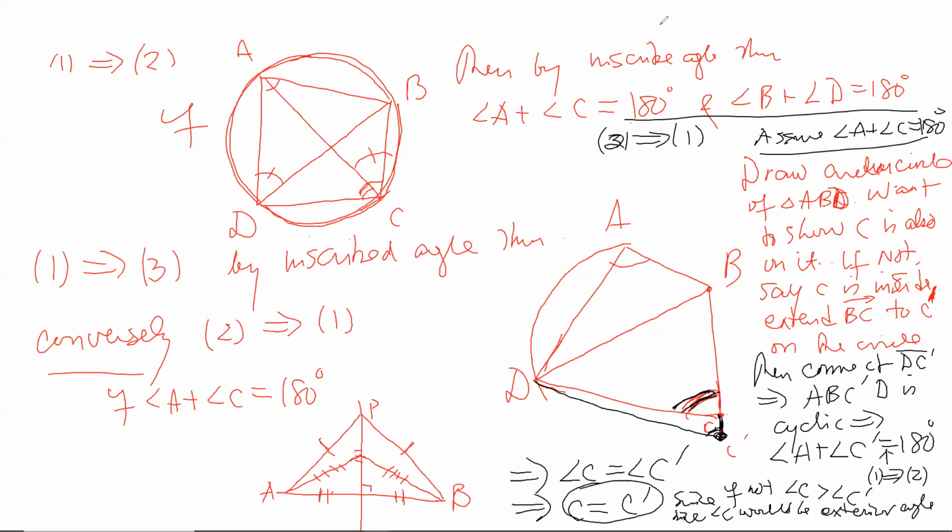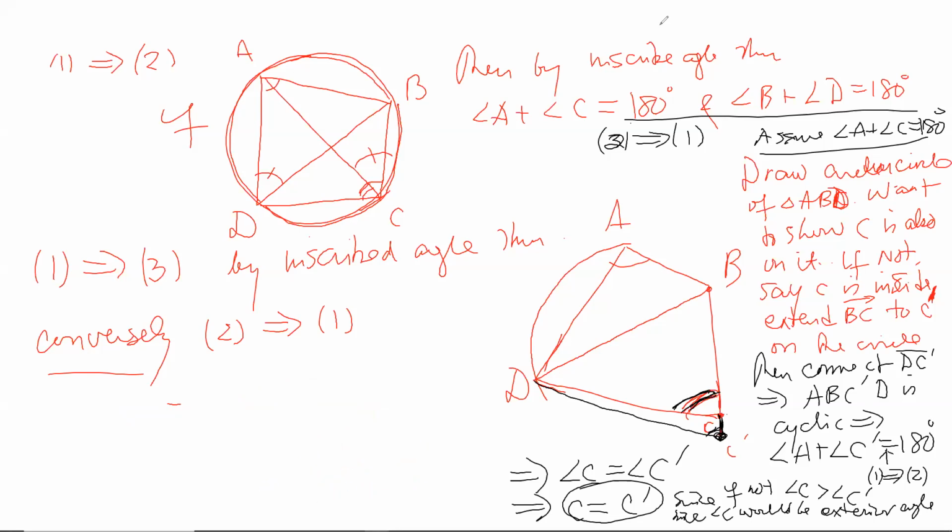And similarly, can I just leave that to you? So similarly, one can prove that 3 implies 1 as well. So if you have 2 base angles equal like this, then you can prove that the 4 points are on the same circle.